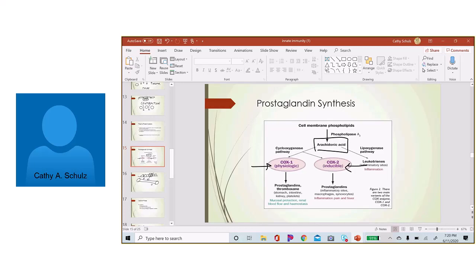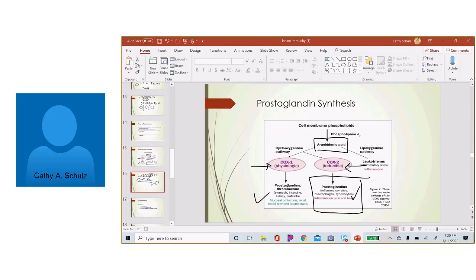If they are allowed to interact with arachidonic acid, they will produce prostaglandins. The main prostaglandins are created by COX-2, because those are the pro-inflammatory prostaglandins that increase inflammation by increasing vessel dilation, increasing the pain response, and also sending a message to increase fever.